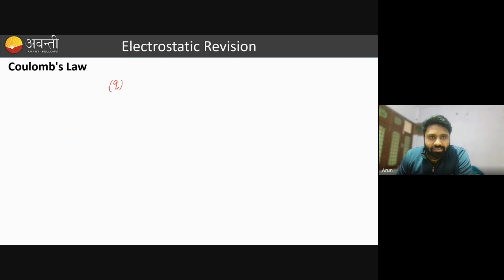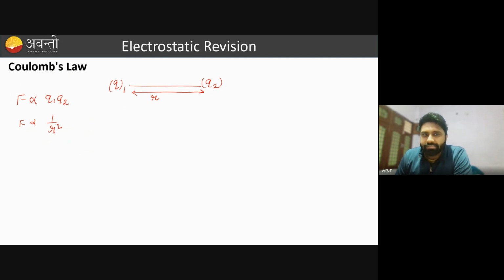The force between them is directly proportional to the product of charges and inversely proportional to the square of the distance between them. If you combine them and add a constant to remove the proportionality sign, F = k q1 q2 by r square.